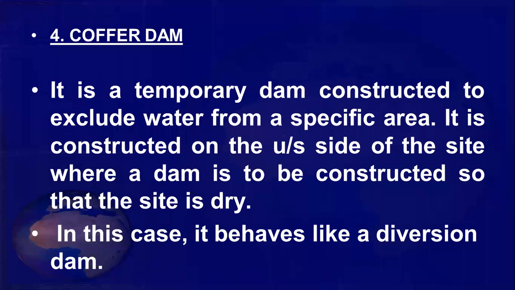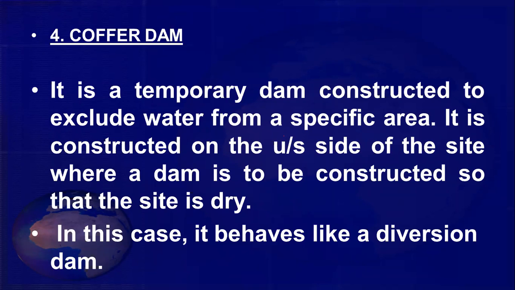It is made up of various materials such as the sheets, and it is to be constructed where a large amount of area is under construction and temporarily to prevent the flow of water. So in this case, it behaves like a diversion dam.